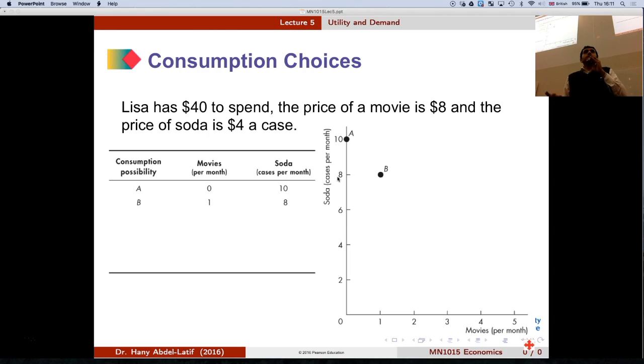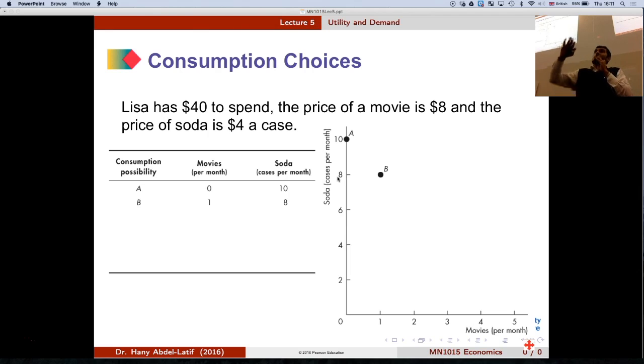Remember, her income is $40. If she buys one movie, then she has $32 to spend on soda, and in that case she will have 8 soda cases. Now she has spent all her $40.